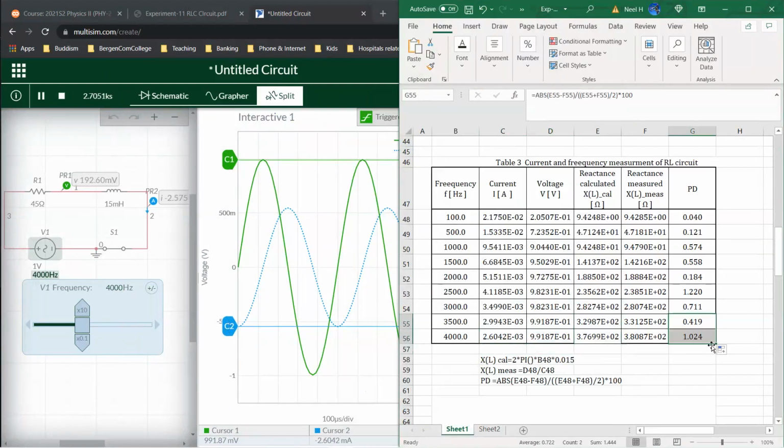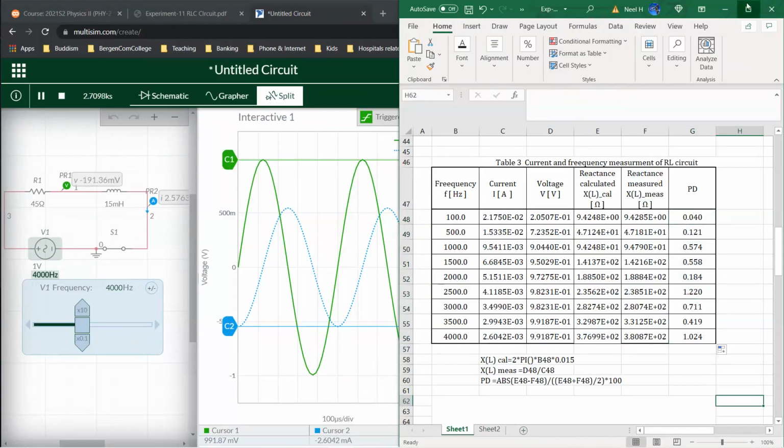The reactances look good. Make sure the percentage difference should not be anything larger than 1 or 1.5, because that's actually our reading error where we put in the cursors. If we retry a little bit, we can definitely reduce the percentage errors down to 0.5 or lower generally, okay?